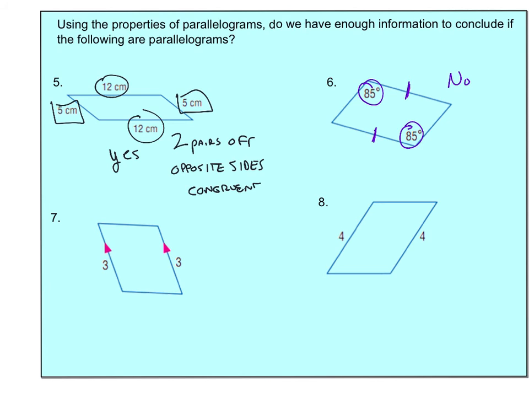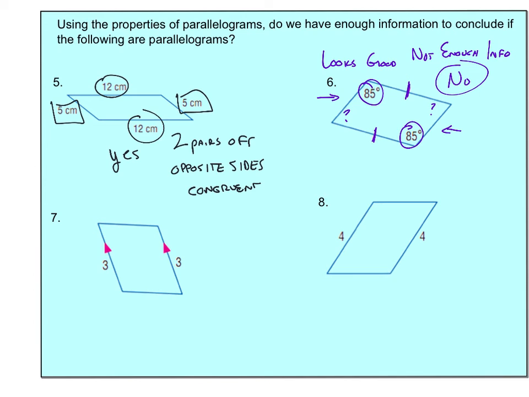Because you don't have either one completely shown. You don't know what this angle is and what this angle is, and you don't know what this side or this side is. So no, that's not enough information, even though it looks like it. This looks good, but not enough info. You don't tell me enough about any one of the angles.